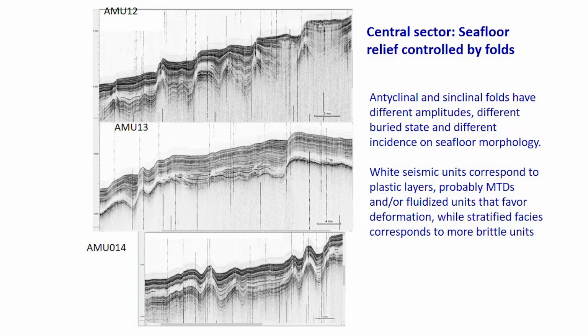The white seismic facies correspond probably to plastic layers, probably MTDs or fluidified units that favor deformation, while stratified facies, all this one, have a more brittle behavior.